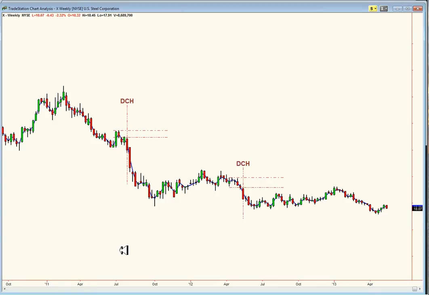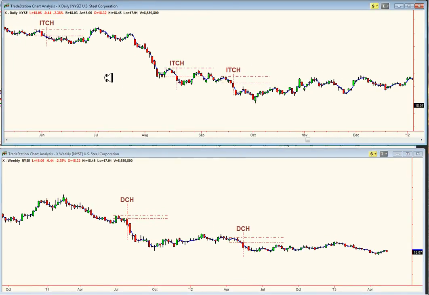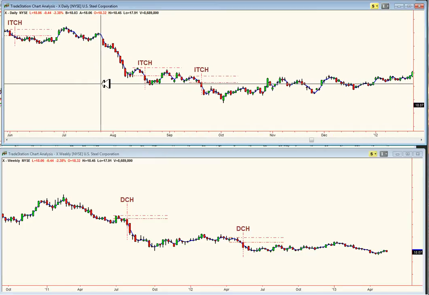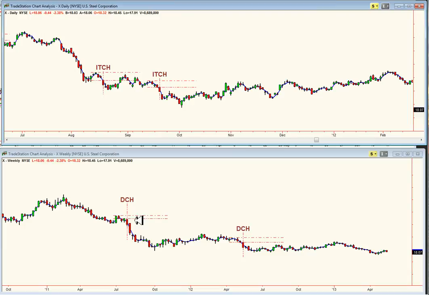So when we look at U.S. Steel here back in July, August, September of 2011, you can see the DCH. This is basically a move down, a run, and then a pullback and a break back down. So a pullback, breakdown, and usually what happens on the pullback breakdown is within the pullback on that weekly chart, it plays out by going sideways on the daily and then starts breaking down and giving us moves in the same direction as the DCH there on the weekly chart.